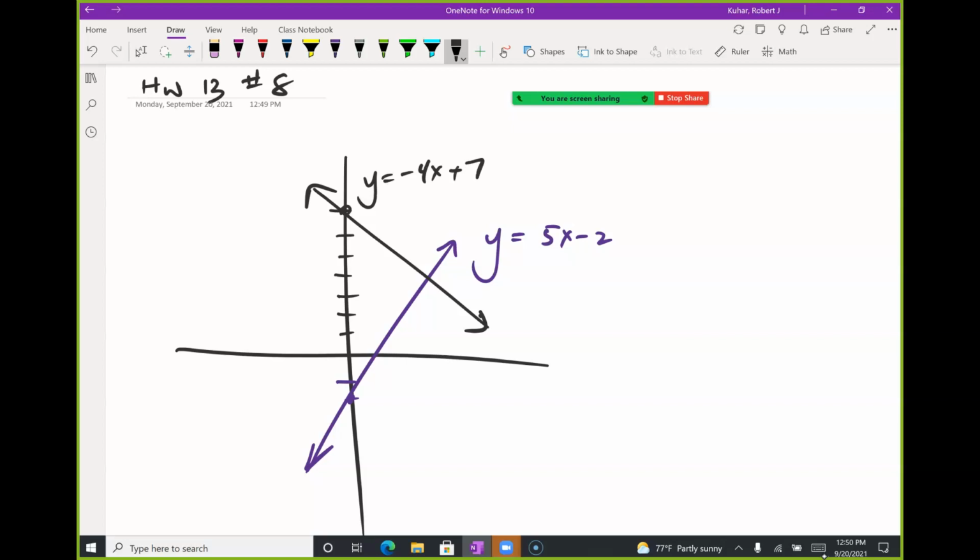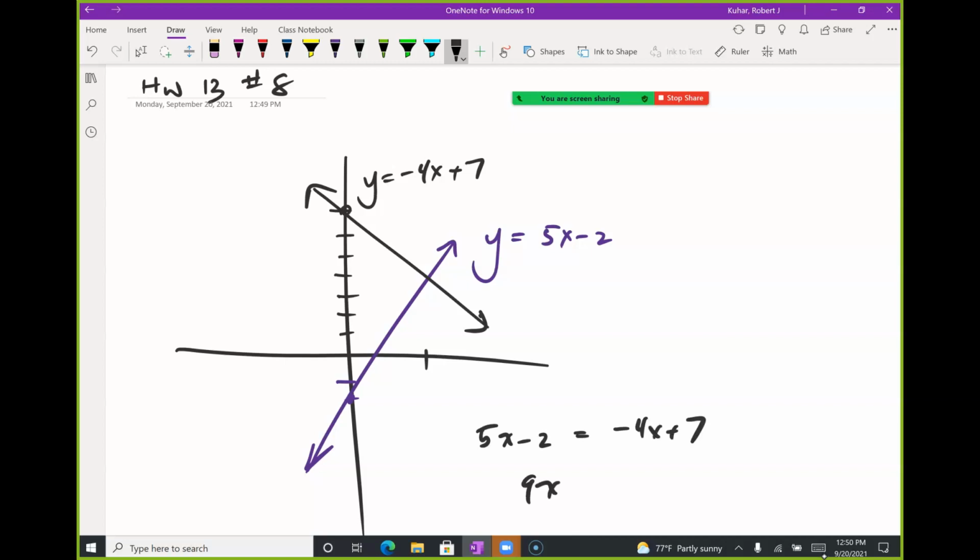So I've got a black line and a purple line, and I want to really find out where that kind of separation is. Where is one above the other or vice versa? So I want to find out where these 2 lines cross. So I'm setting up the 2 lines equal to each other. 5x minus 2 equals negative 4x plus 7.